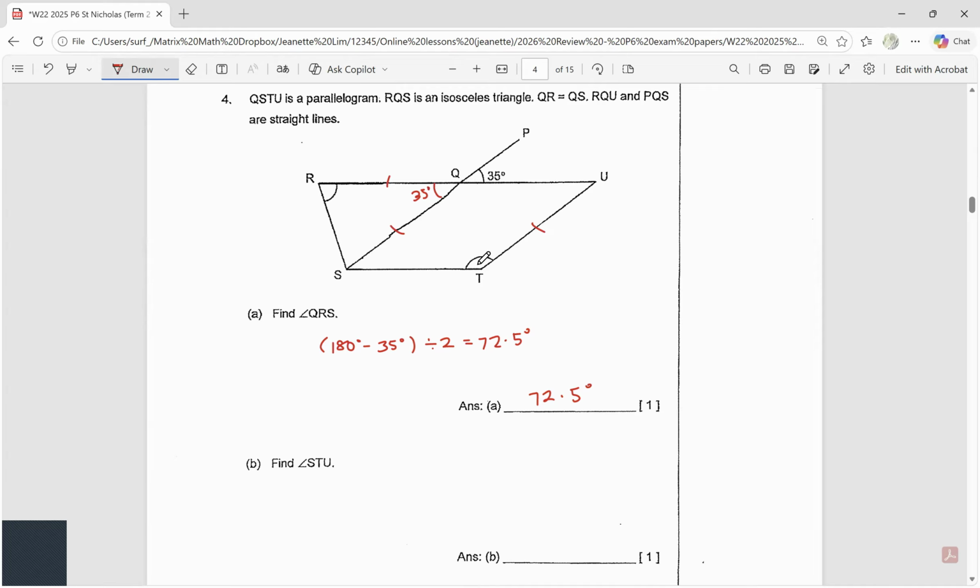Next on STU, this marked angle over here. Now, this is a straight line, and this angle here, using angles on a straight line, would be 180 minus 35. Okay, this is UQS.